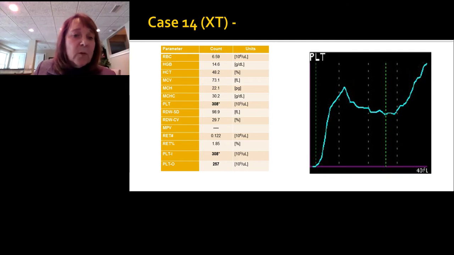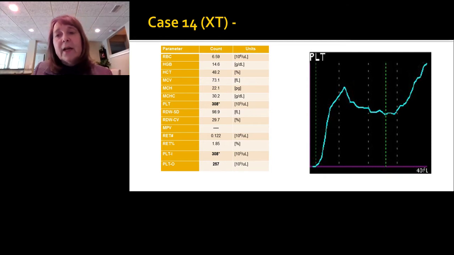When we look at this one, it tells us, okay, I do have a platelet flag, and I'm not really pleased with my platelet I. I'm also flagged for that. But other than that, this animal looks pretty fine. They don't have an anemia. Everything else looks fairly decent, except we have some high statistics because the scattergram is abnormal.